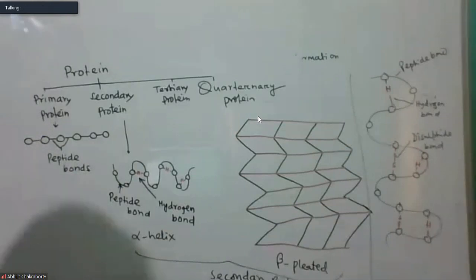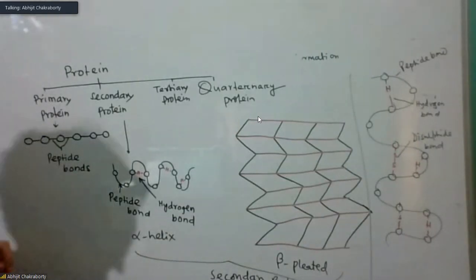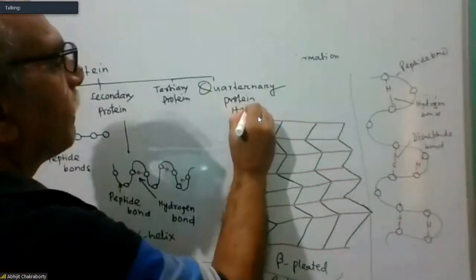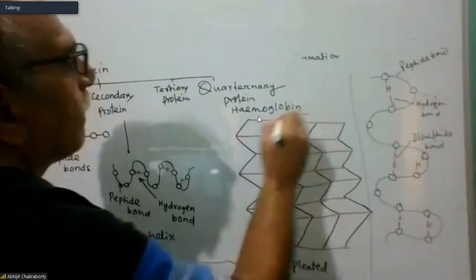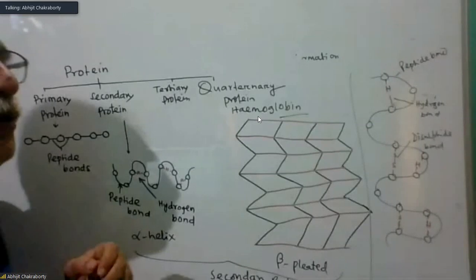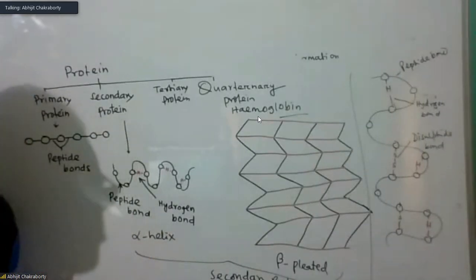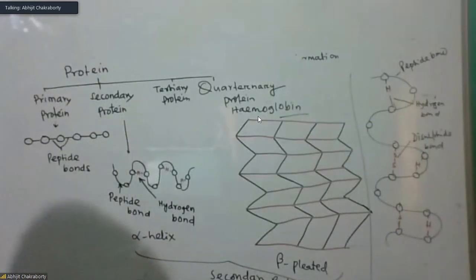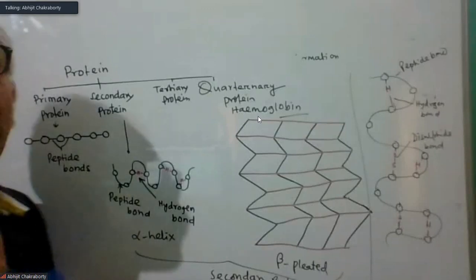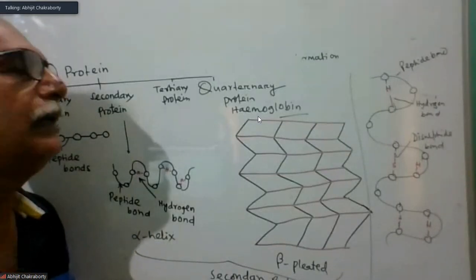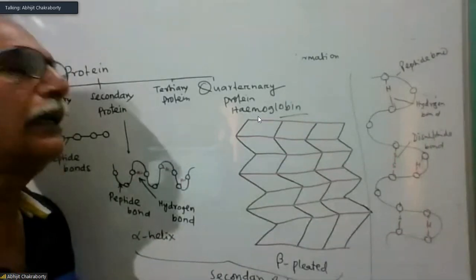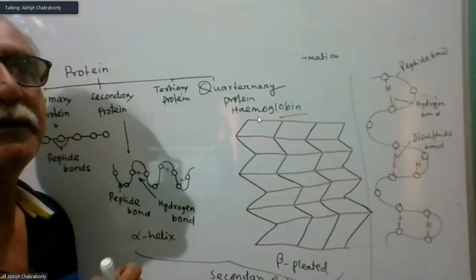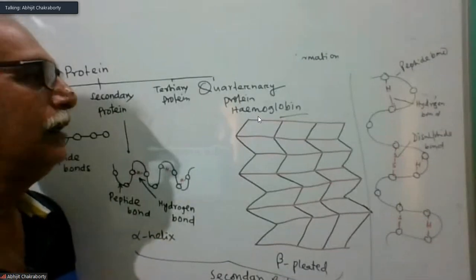Okay. In hemoglobin, globin protein is made of 4 polypeptide chains. 2 alpha polypeptide and 2 beta polypeptide chains are linked to form hemoglobin, and hence hemoglobin is considered a quaternary protein.